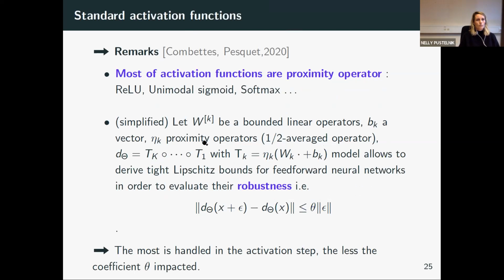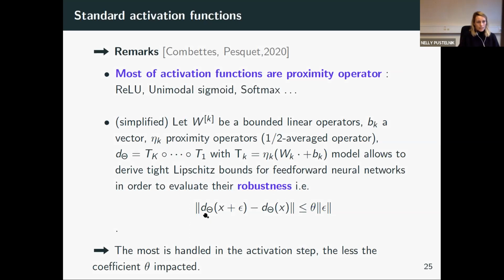And another interesting result, simplified for the study I presented today, is that if WK are bounded linear operators, BK just a vector as we have, and eta K are proximity operators, then our neural network, which is the combination of TK, where TK is expressed like that, allows us to derive a tight Lipschitz bound for feed-forward neural network models in order to evaluate their robustness.